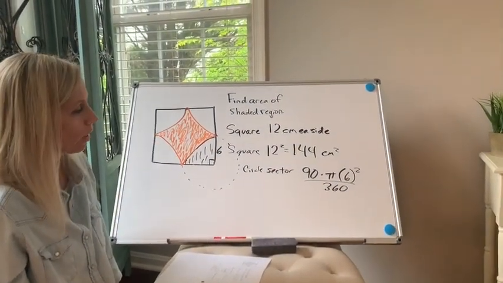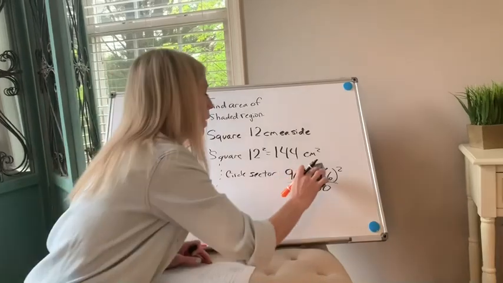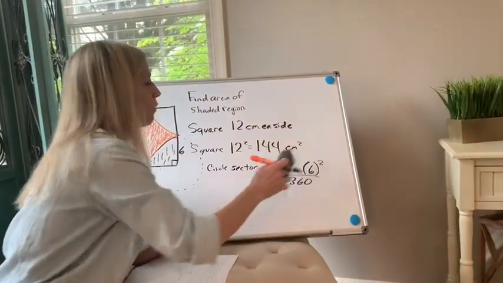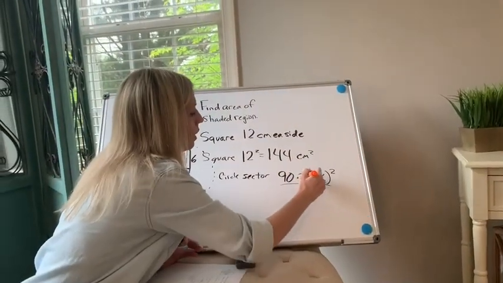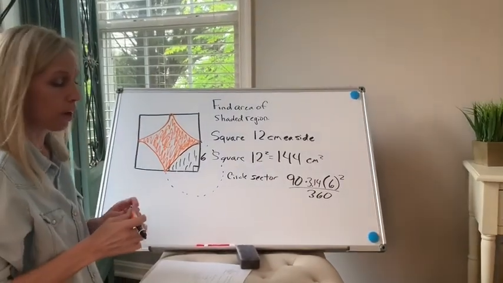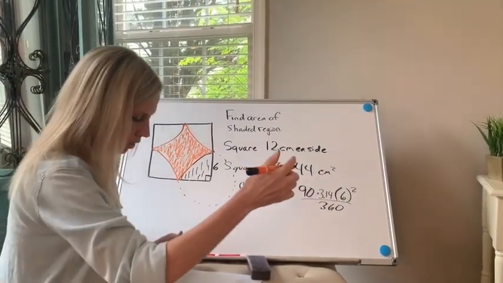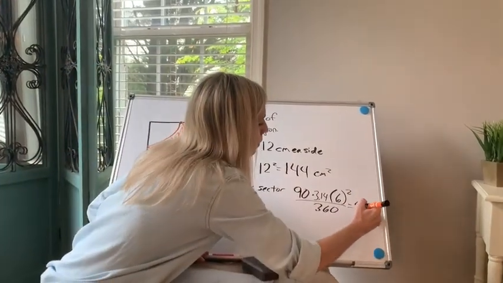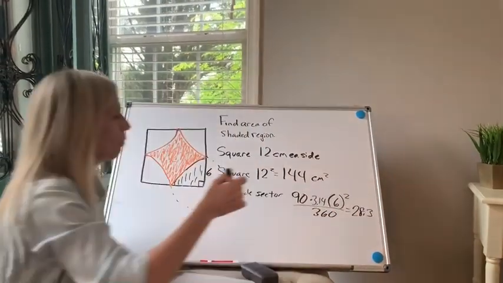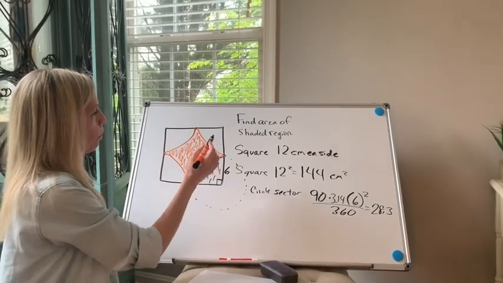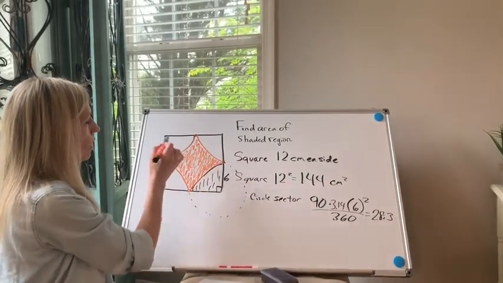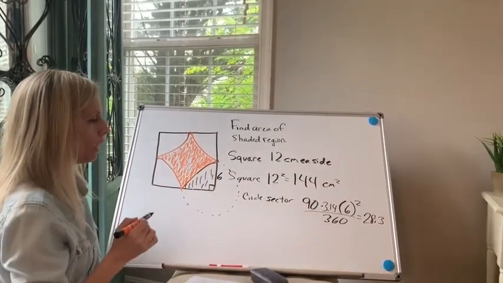Actually for this problem, I wanted to do 3.14 instead of putting pi in the calculator. All right, my answer then for that little corner piece is 28.3. So this is 28.3, that's 28.3, that's 28.3, and that's 28.3.